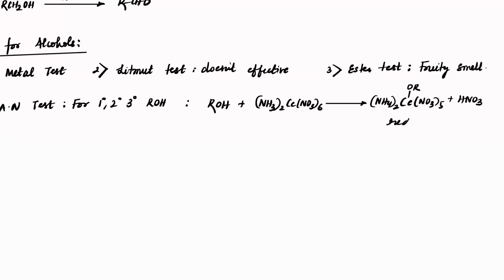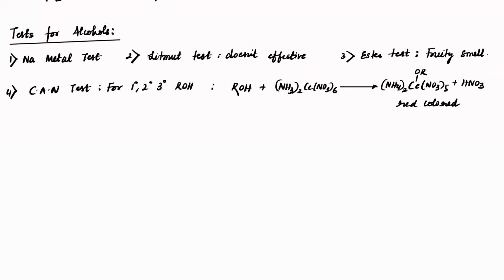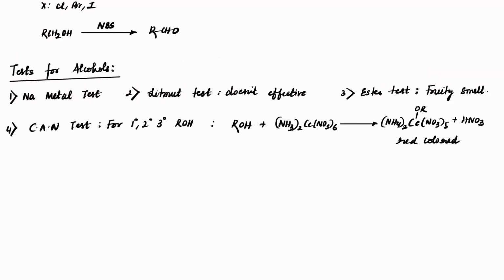This is the one which is red colored. The same thing will happen with 1 degree, 2 degree and 3 degree. I told you if it is 1 degree or 2 degree, the color will disappear after some time. For 3 degree, the color will remain.